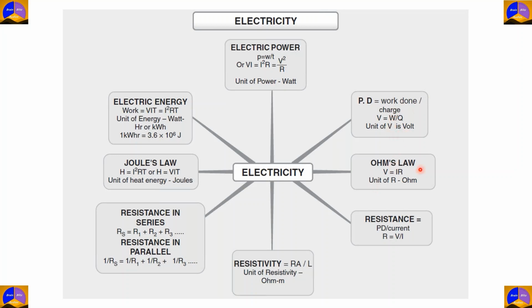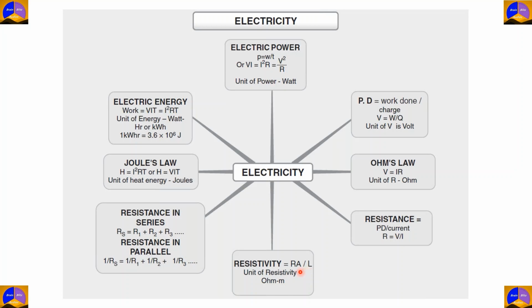Ohm's law states that V is equal to IR, where V is volts, I is the electric current measured in amperes, and R is the resistance measured in ohms. Resistance is also described as potential difference divided by current, again derived from Ohm's law. Therefore, R is equal to V divided by I.